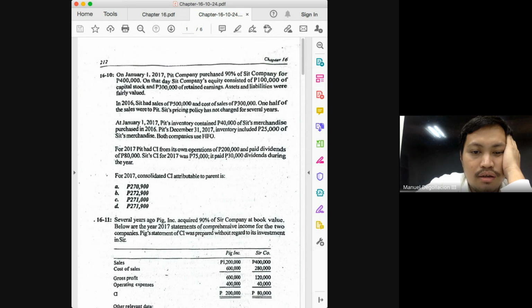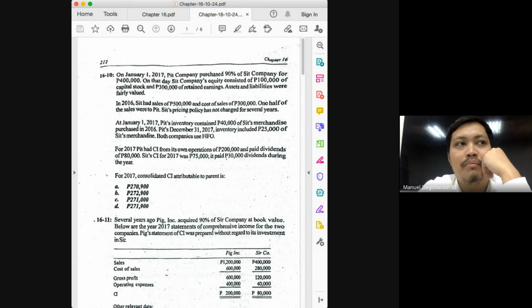What do we need to solve for the income attributable to the parent? We need our consolidated income first. If you already have your consolidated income, what do you do to arrive at the consolidated income attributable to the parent, class?